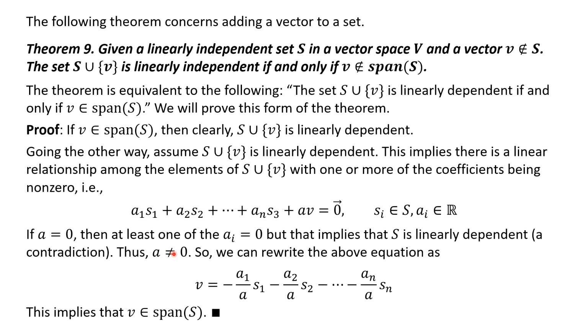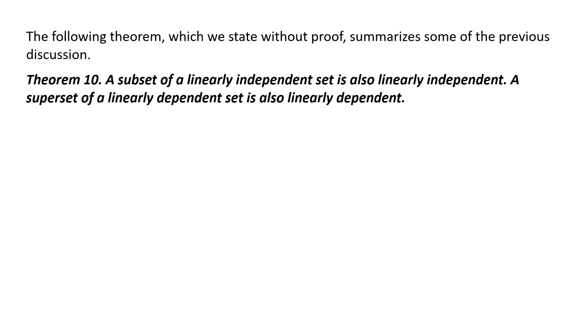And thus a does not equal 0. So we can rewrite the above, subtracting a v from both sides and then dividing by a. We get v is a linear combination of the vectors from S, which implies that v is an element of the span of S.